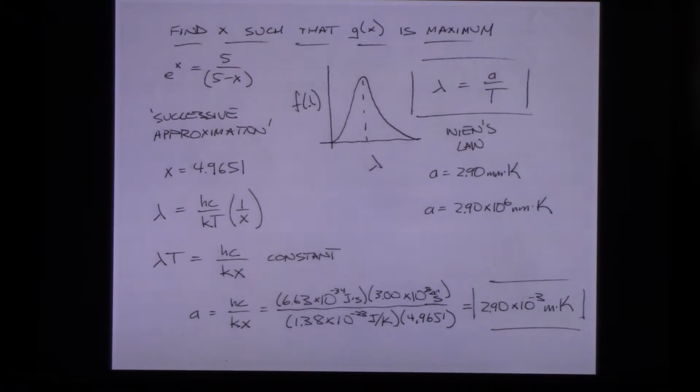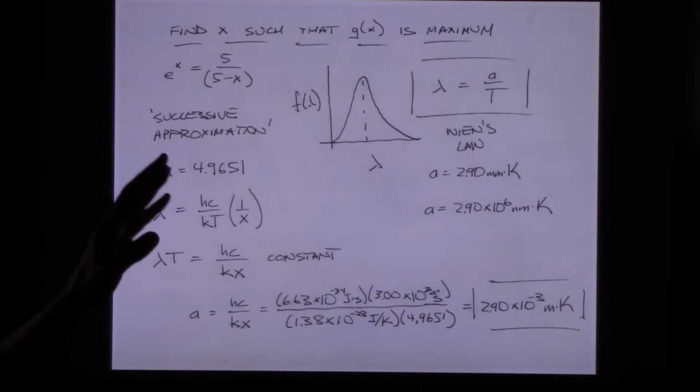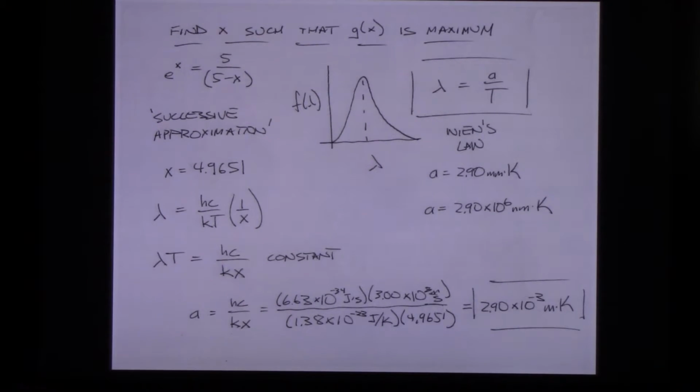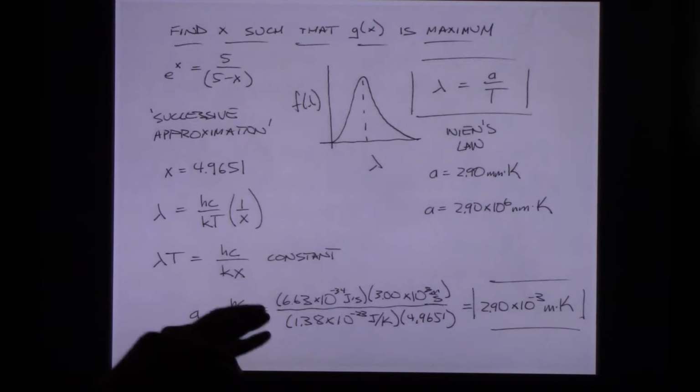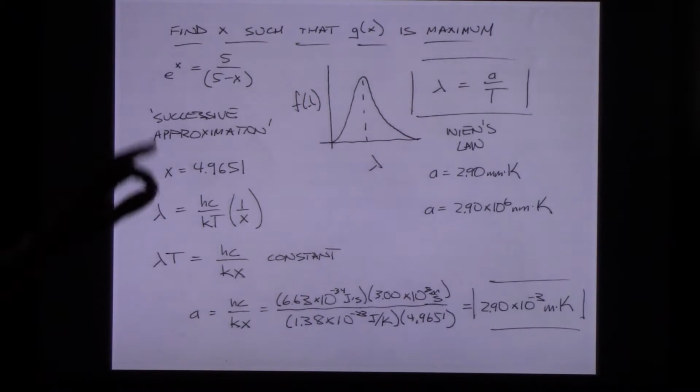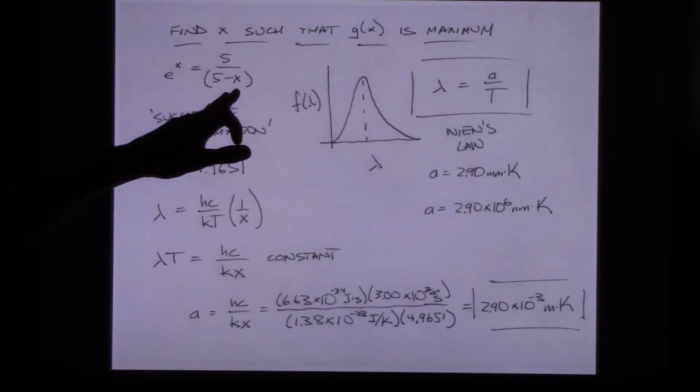That's because you can't. I hope you guys have seen in your math classes, there are what are called transcendental equations, and transcendental equations can't be solved in closed form. There's no way I can take that equation and solve it by saying x equals, because I have an exponential on one side and I have powers of x on the other.